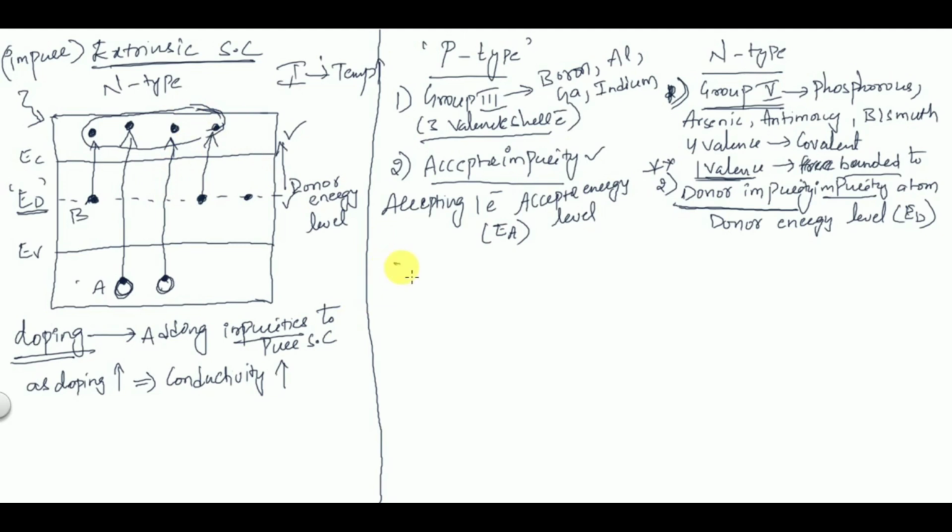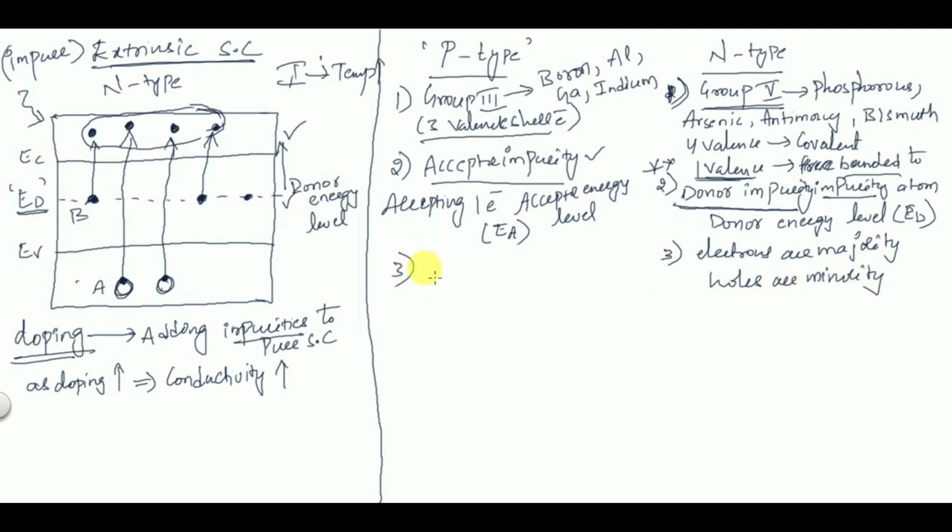That is why the third point here is, since the number of free electrons is more, in the case of n-type semiconductor, electrons are majority carriers and holes are minority carriers.